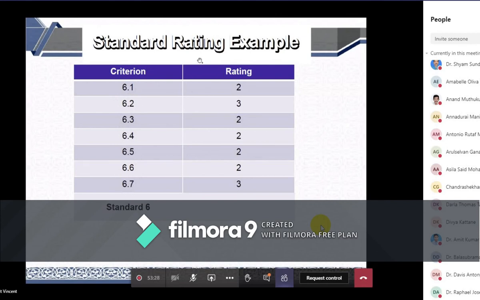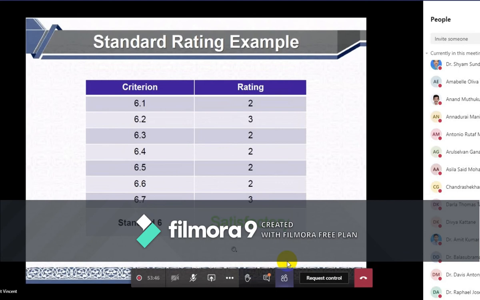For example, if we get the ratings 2, 3, 2, 2, it's all examples, it's not mandatory that it should be like this. So there are no 1s and no 0s. In that case, our standard is going to be satisfactory, as there is no 0, no 1.